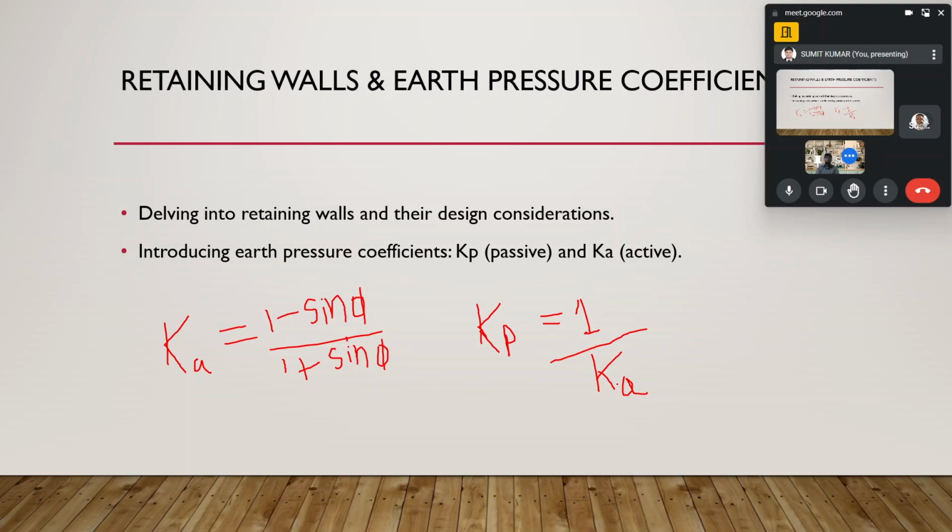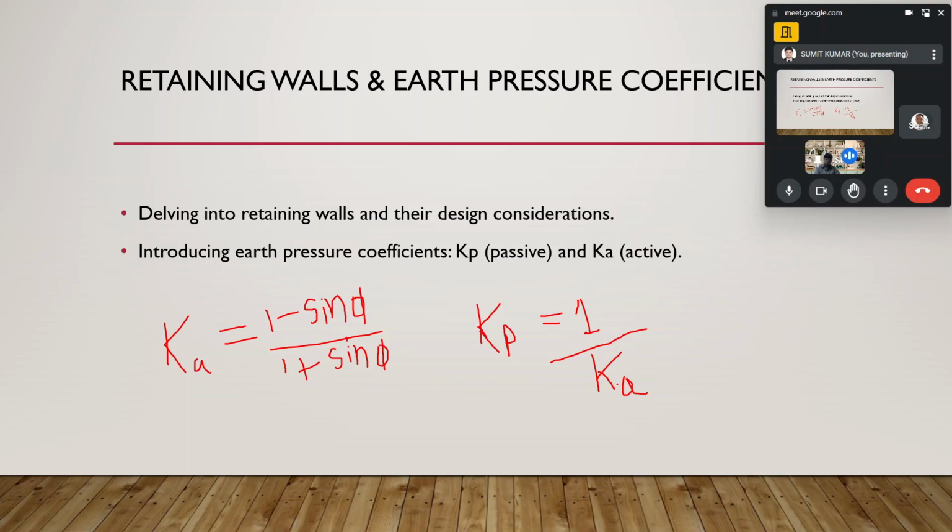But you must also be aware of some other terms. I am talking about the earth pressure at rest condition. When the earth pressure is at rest, there is no active and no passive pressure acting.